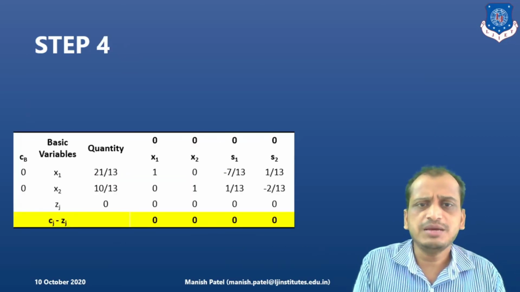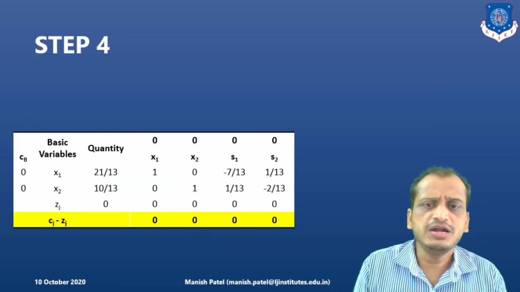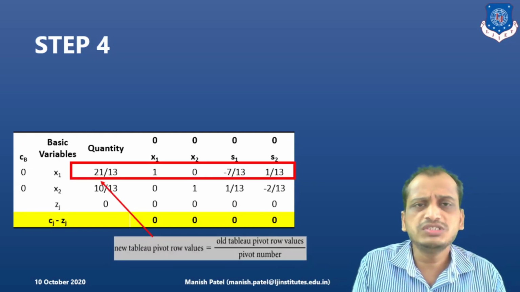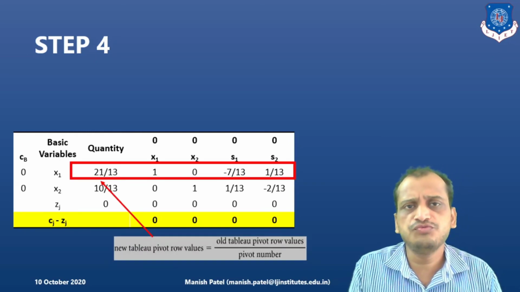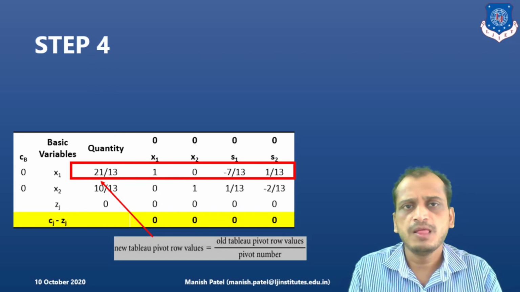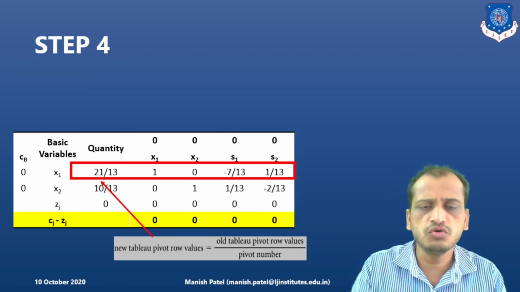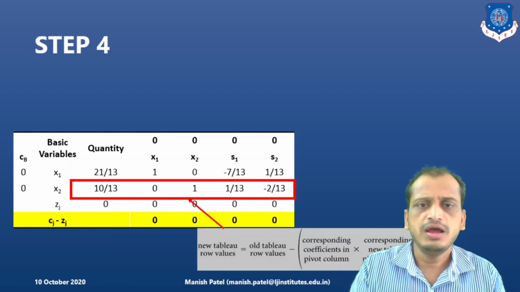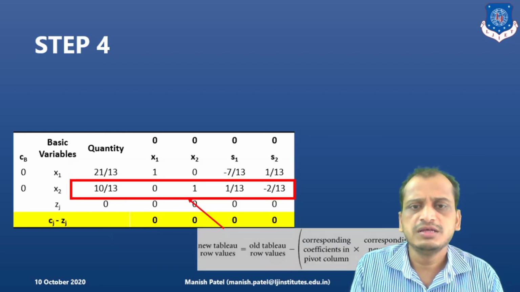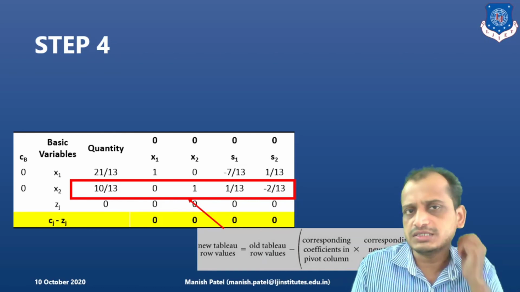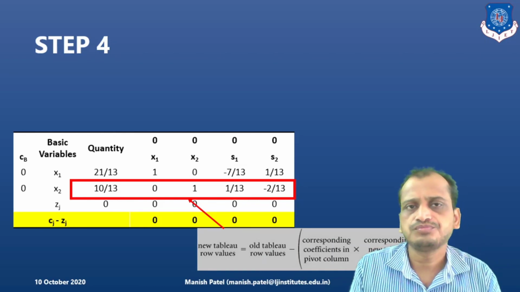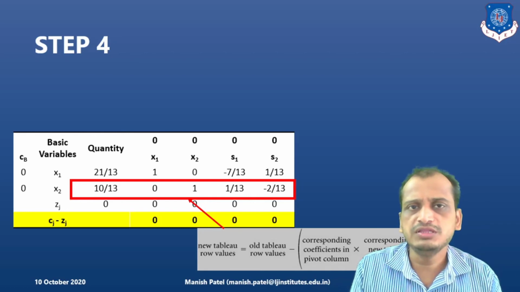So in the next step, we will calculate the new rows, because we are iterating to a new table. So based on this formula for the pivot row, the new row is based on the pivot row and the pivot column. Again we will repeat the method we have discussed in the simplex method and big M method to find out the new values in the table.